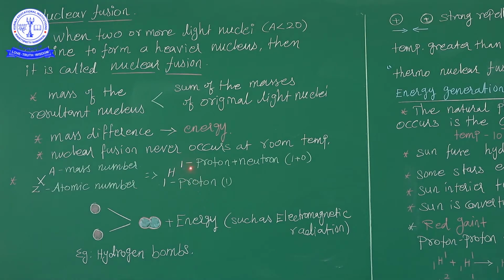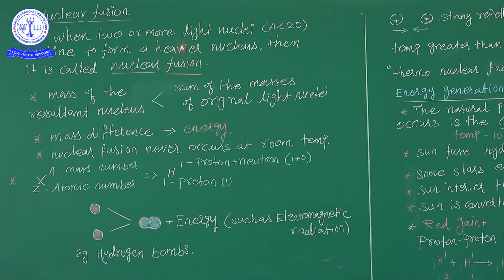And the mass number means protons plus neutrons. So hydrogen has only one proton. So this is a lighter nucleus. The combining of two or more lighter nuclei to form a heavier nucleus is called nuclear fusion.